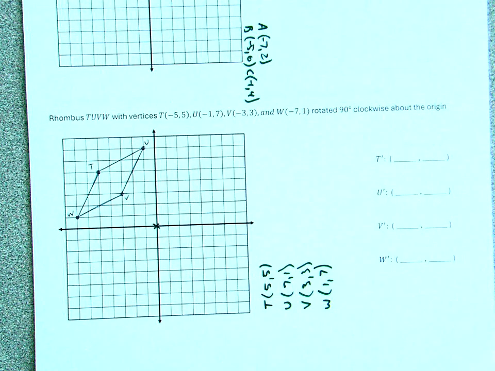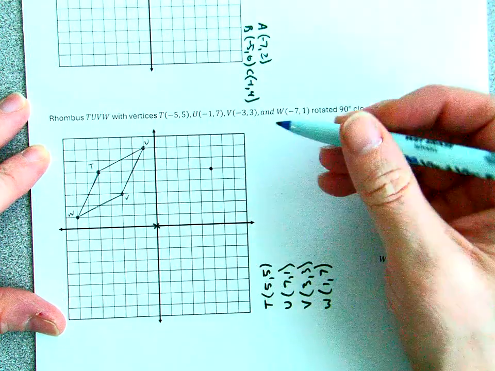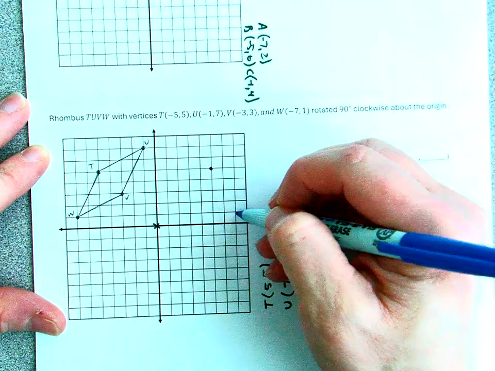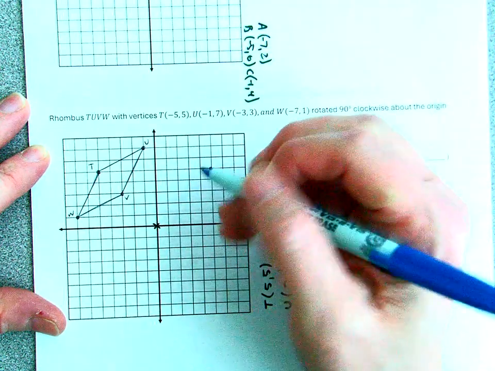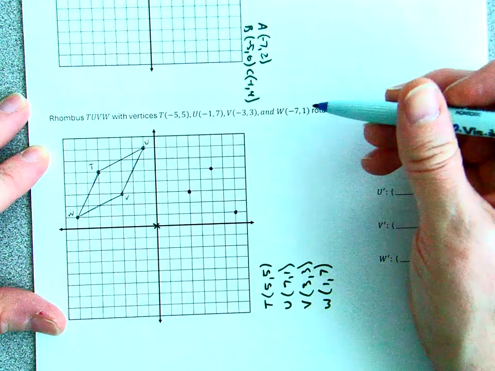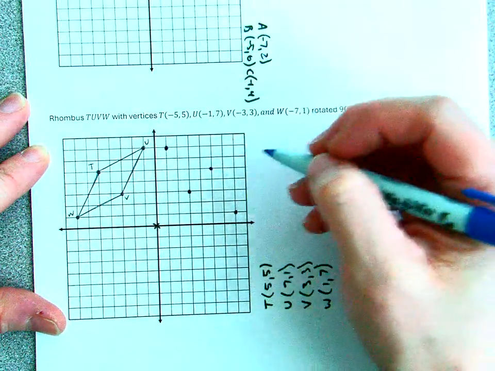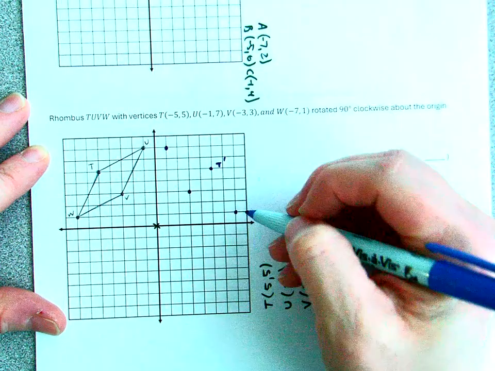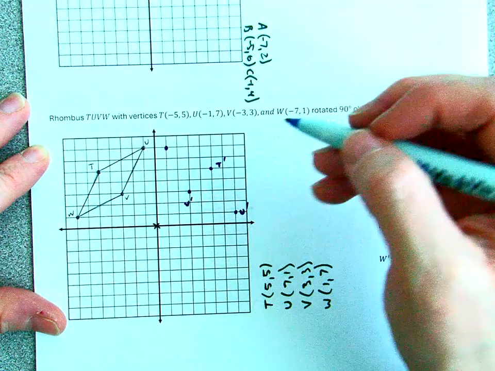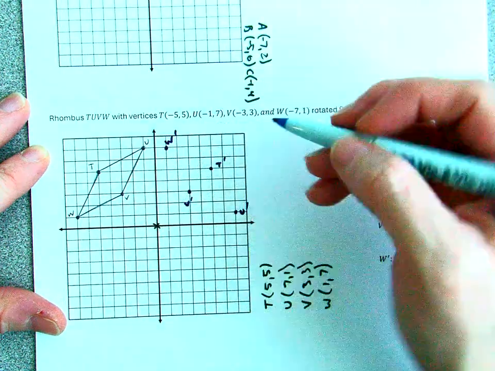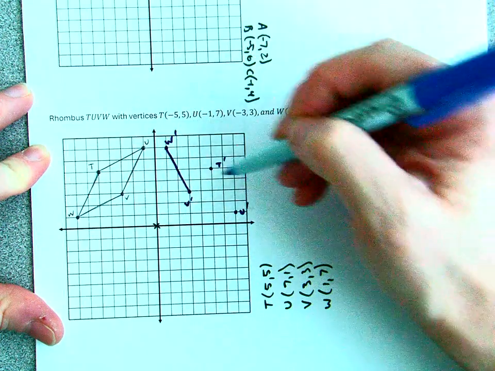Right, so what do we got? T was 5, 5. U was 7, 1. V was 3, 3. And W was 1, 7. So what was this? This was T prime, U prime, V prime, W prime. And then I'll just connect the dots here.